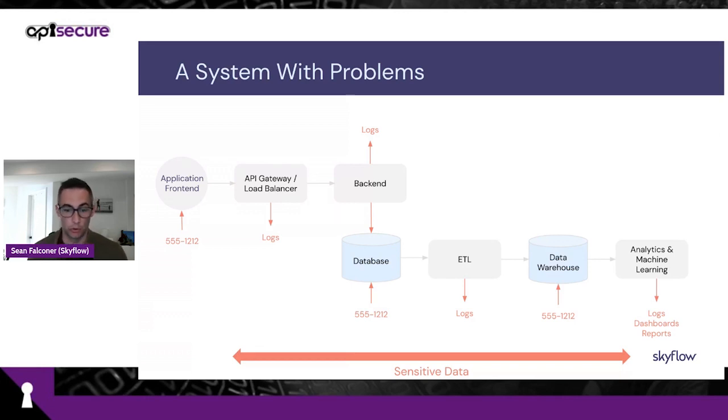And if you can't answer a basic question like what data are we storing, where is it stored, that makes it very hard to know whether it's secure and whether you're actually compliant. And this is a simple example, but even in this case, you end up with a multitude of locations where this phone number can exist. And it's also going to exist in essentially the database backups and the data warehouse backups.